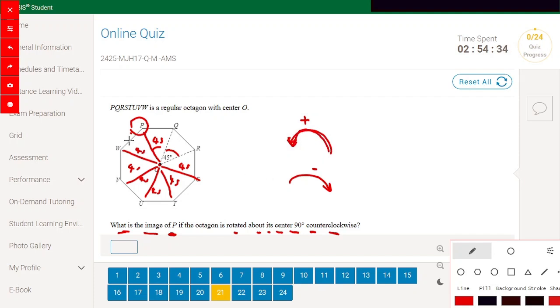So now we want to rotate B 90 degrees counterclockwise. As we said, it will be in this direction. So B will move here, 45, 45. This is the image of B for 90 degrees, so it will be V. So the answer here will be V.